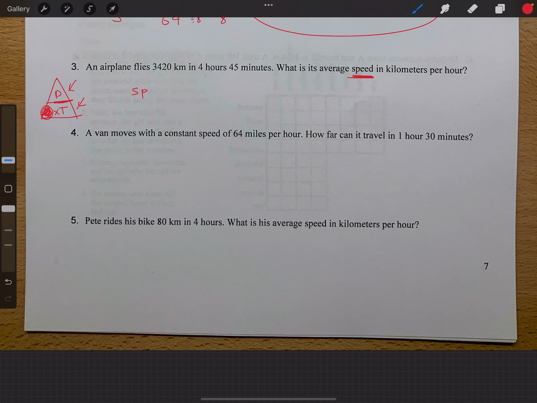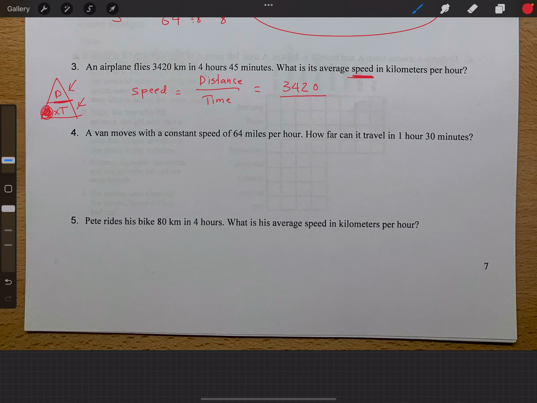So speed equals distance over time. Distance is equal to 3420. Now we're dividing by time, which is 4 hours and 45 minutes.